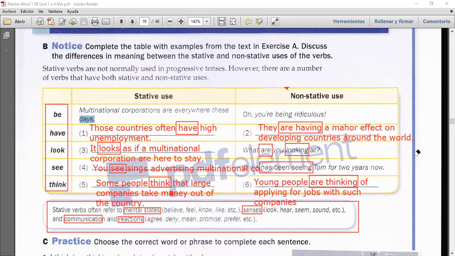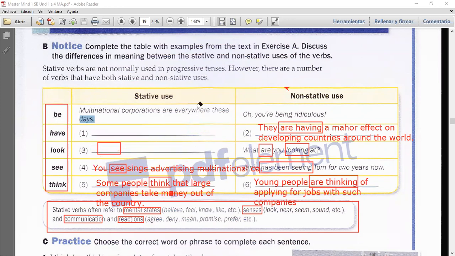Great. As I said, sometimes, not always, they are non-stative. Sometimes non-stative is just in progressives. It depends on the meaning.